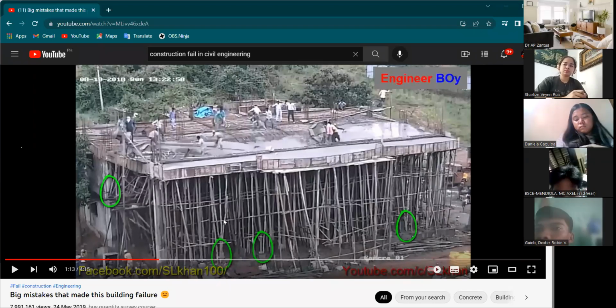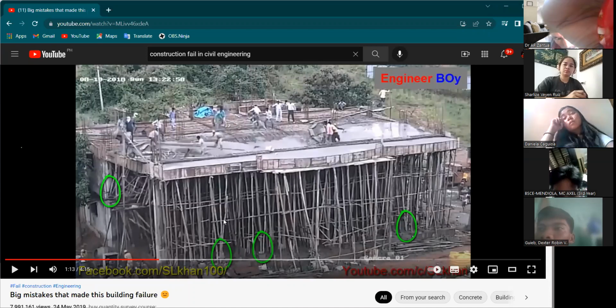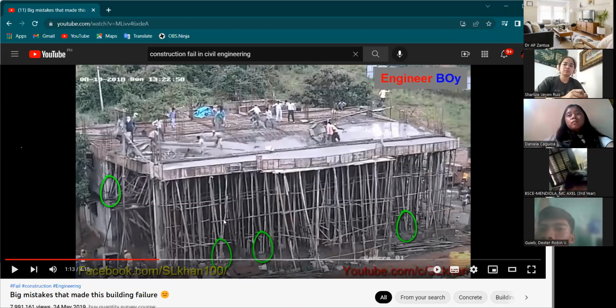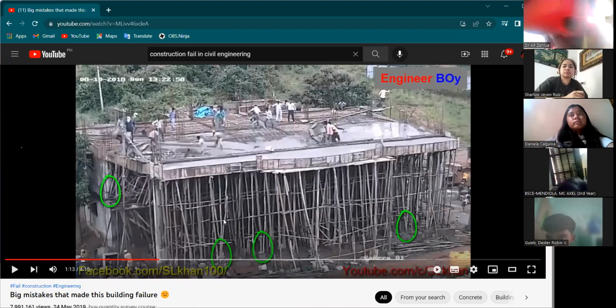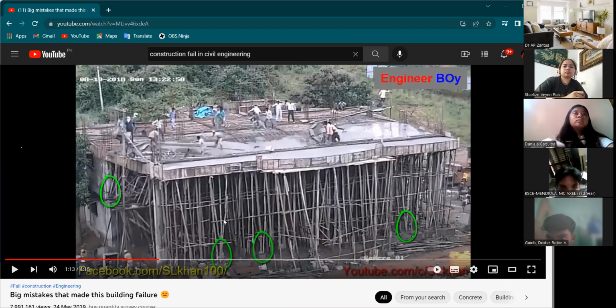So this is 55, and the height of this is 13. So 55 and 13.